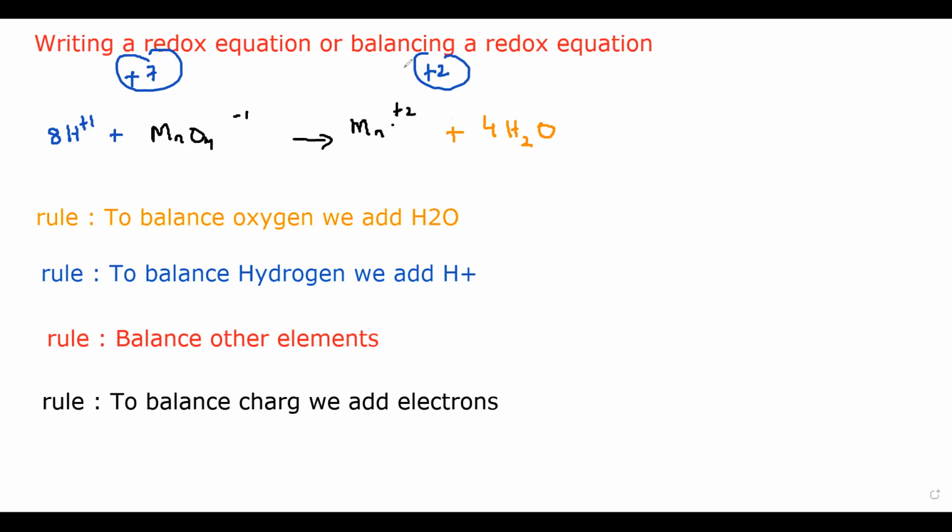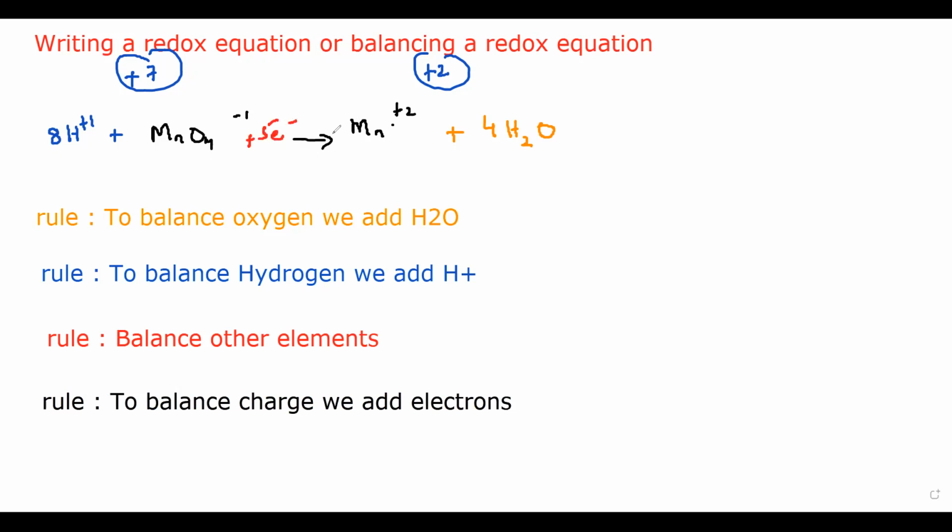So on the left hand side we have a total charge of plus 7, and on the right hand side plus 2. Where should I add electrons? Electrons are negatively charged, so they decrease the charge. So we'll add the electrons to the left hand side. How many? Plus 7 minus 5 will be plus 2, so I should add 5 electrons.